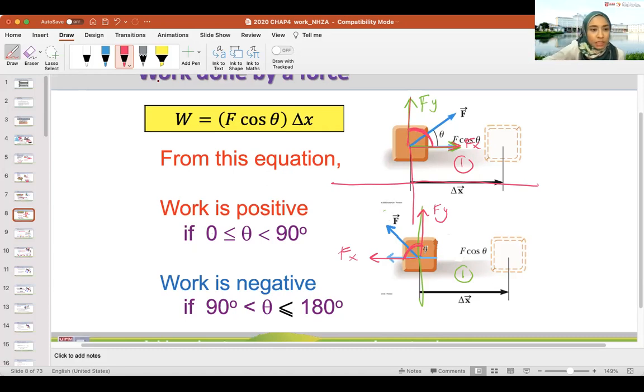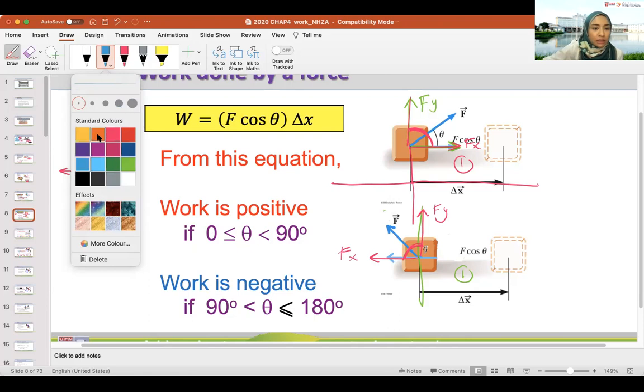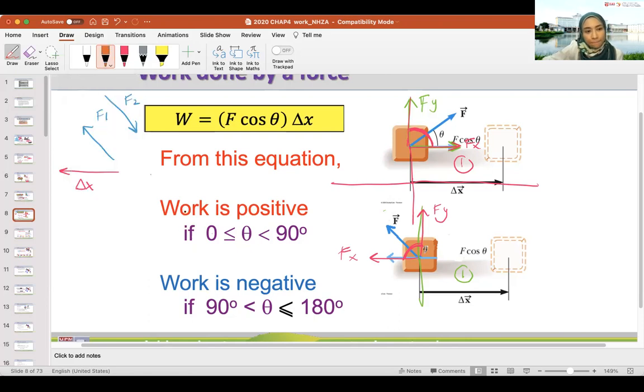What if your displacement is to the left? Okay, what if your displacement is to the left, and my force is like this, F1, and I have another force this way, F2? Which will give me positive work and which will give me negative work? Anyone?